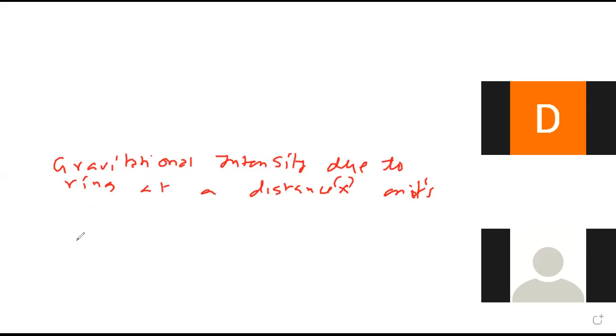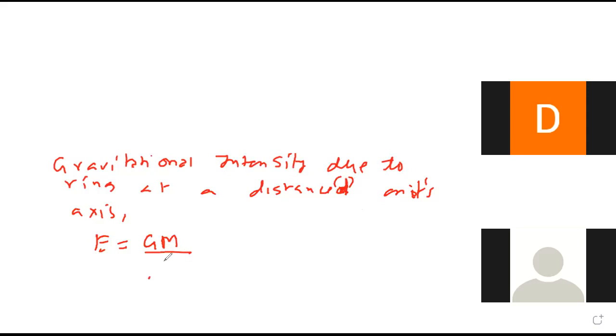Gravitational intensity due to ring at its distance x on its axis is given by E is Gm in place of r square, at a distance d on the axis.